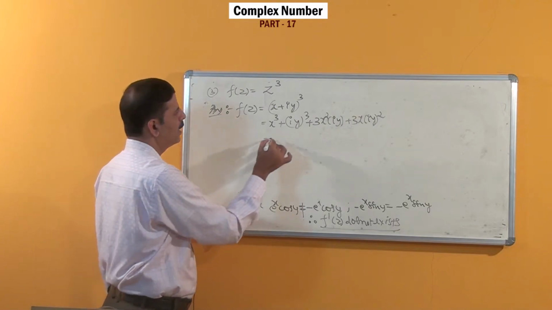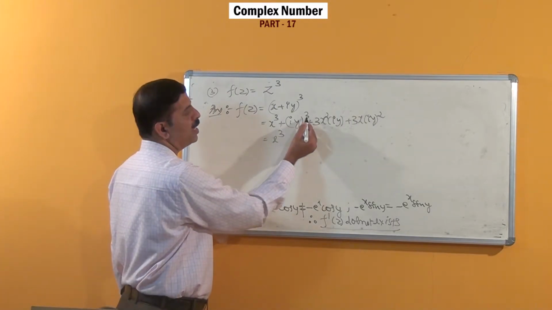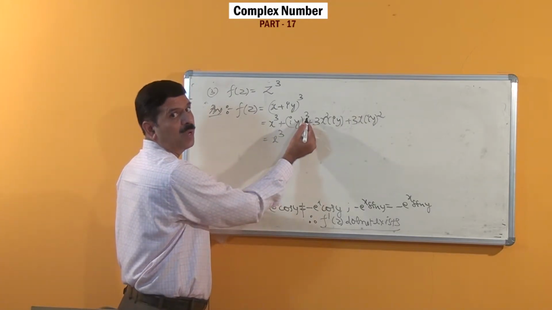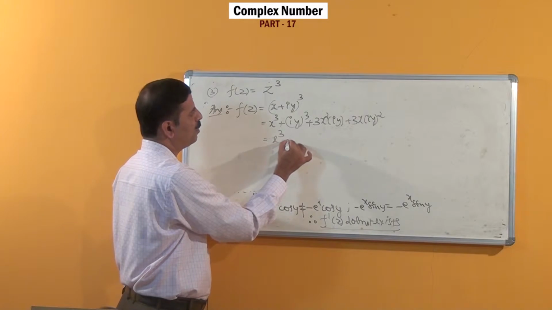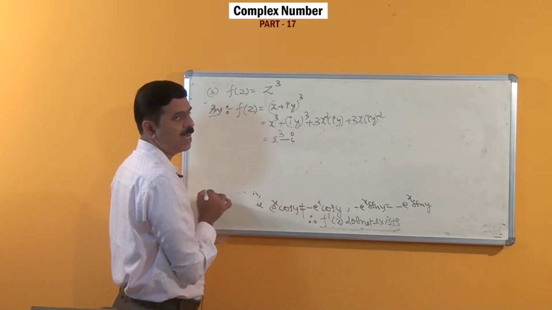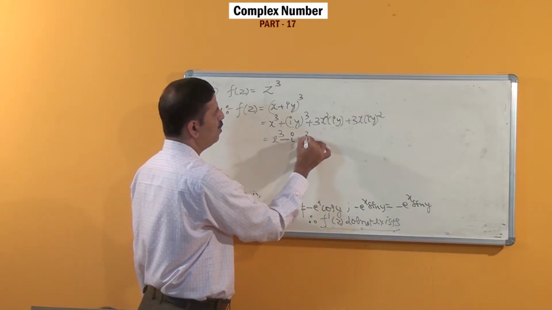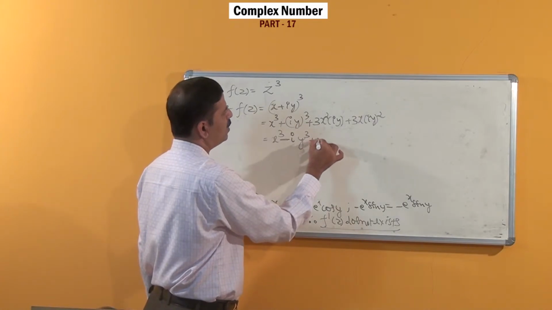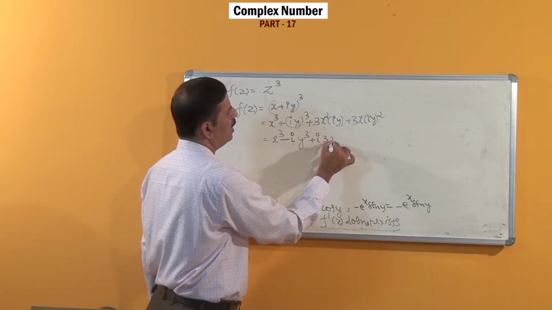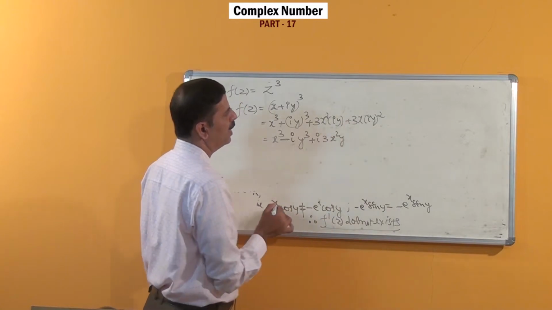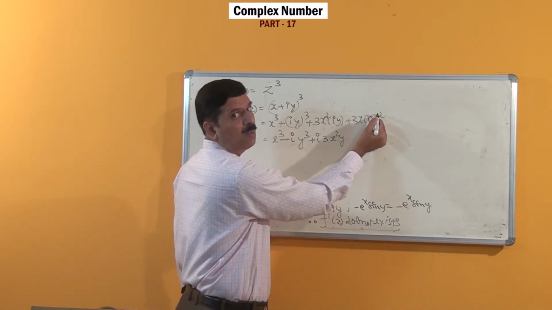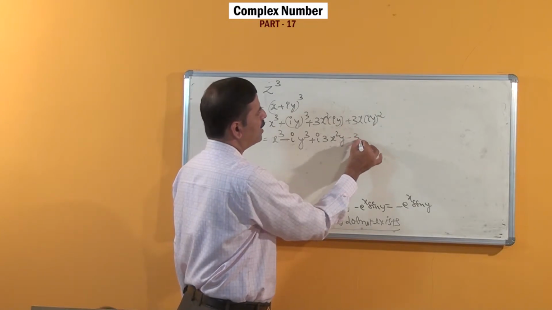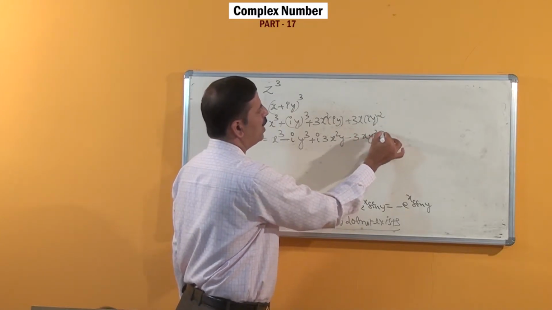Simplify further: it is x cube. What is i cube? You know that i square is minus 1, therefore i cube is i square into i, which becomes minus i, so minus i y cube, plus i term 3x square y. Again an i square term is there, i square is minus 1, so minus 3xy square.